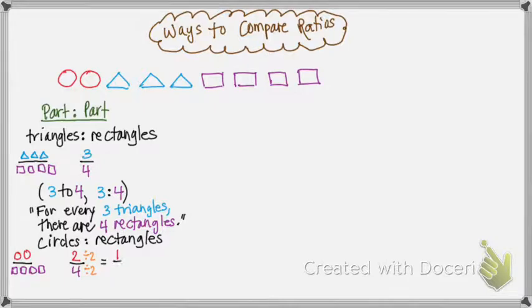Now, you're going to see I like to use fractions as how I show a ratio. So this one, we're going to say for every 1 circle, because I'm looking at the reduced version, there are 2 rectangles.